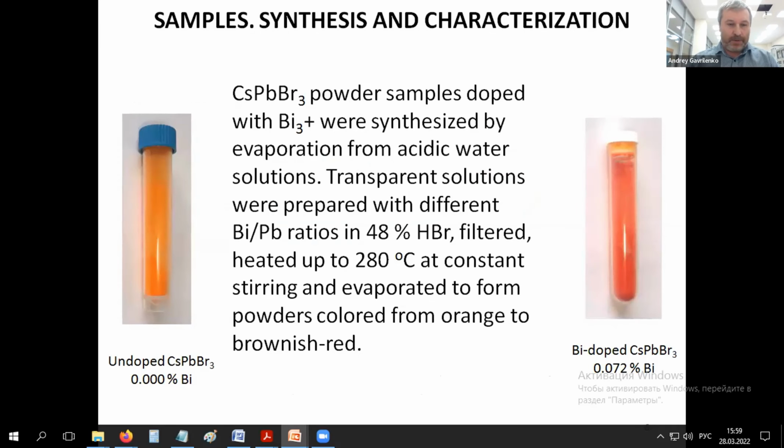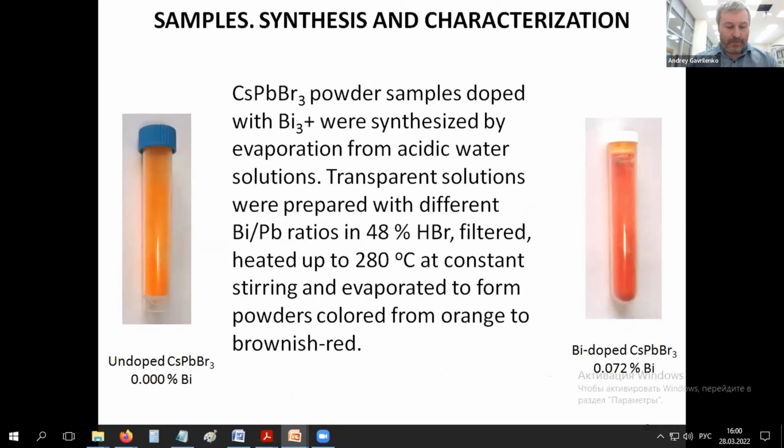Bismuth-doped CsPbBr3 microdispersed samples as well as undoped CsPbBr3 reference samples were synthesized via the chemical precipitation method.